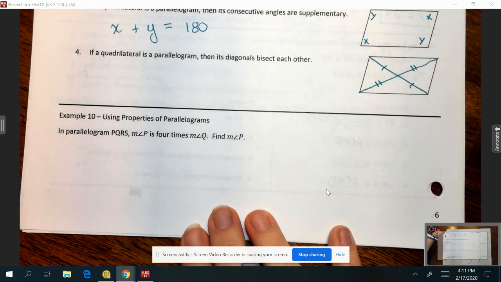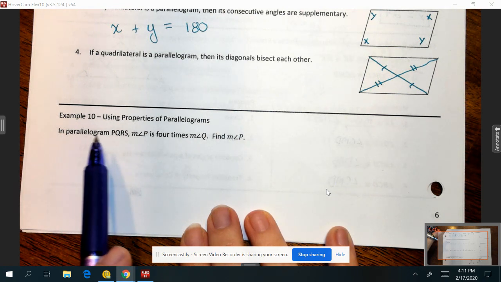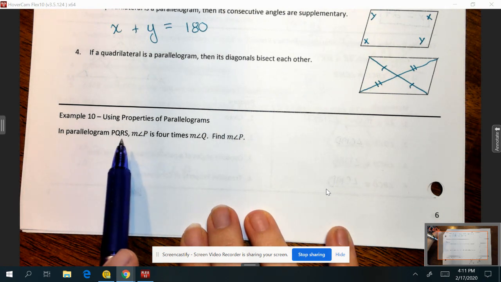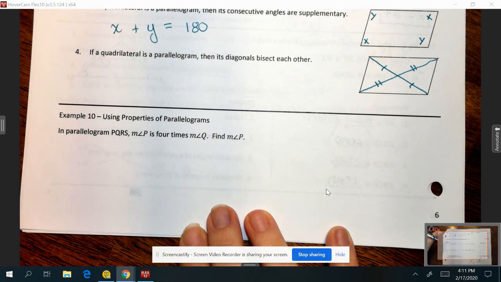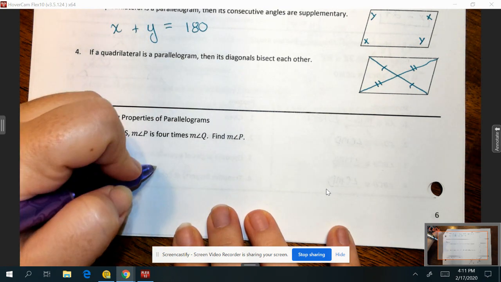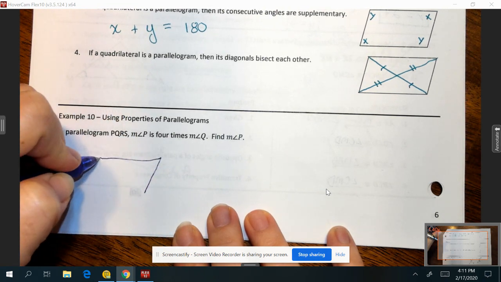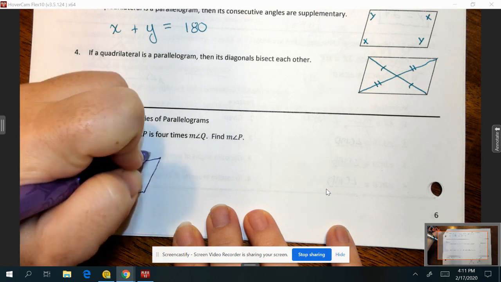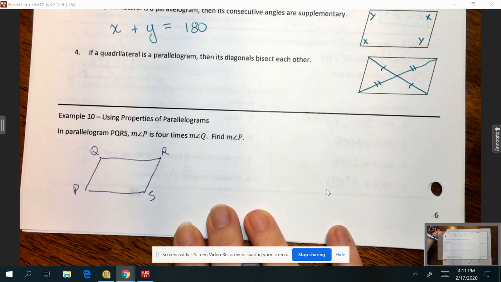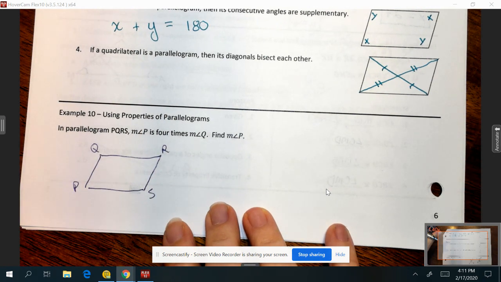For this one, it looks like I forgot to put a picture down, but there is enough information to solve this one. It says in a parallelogram PQRS, angle P is 4 times the measure of angle Q. Find the measure of angle P. It would help to draw a picture of parallelogram PQRS, because we need to know if those 2 angles are across from each other or next to each other.